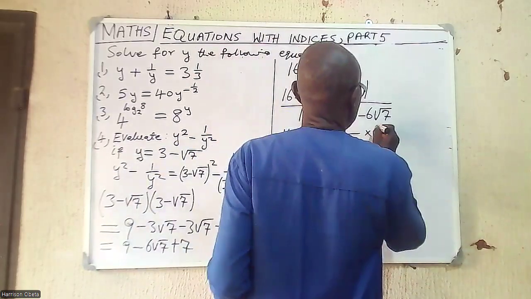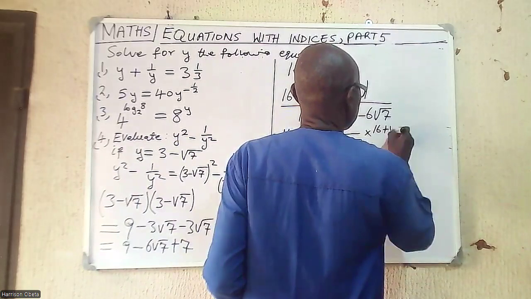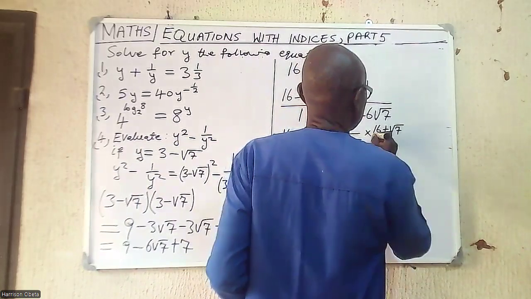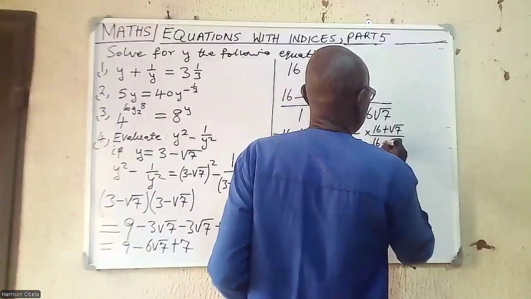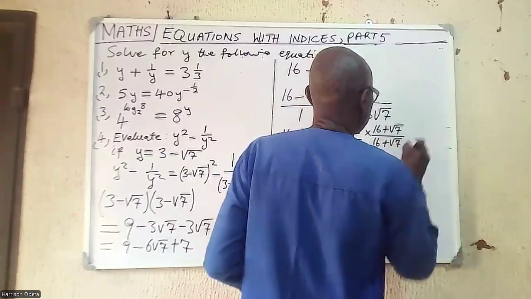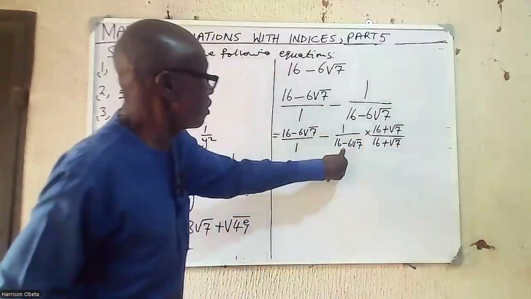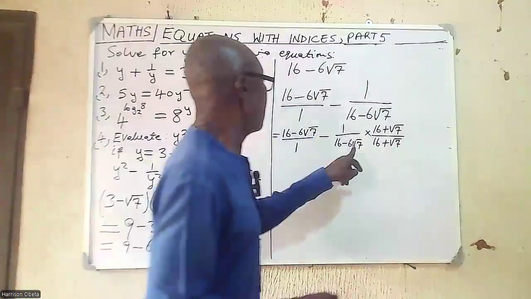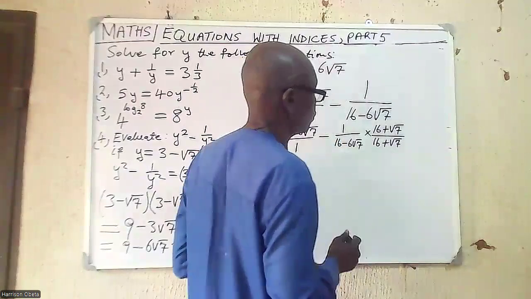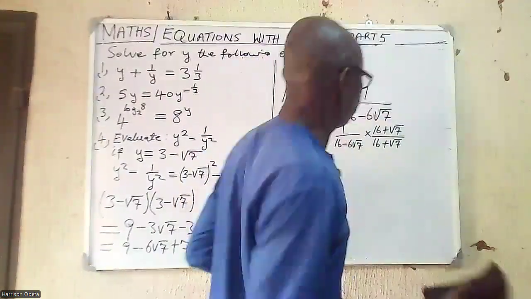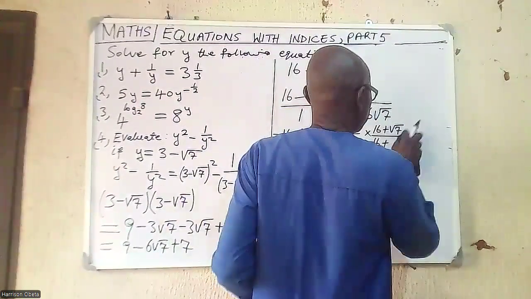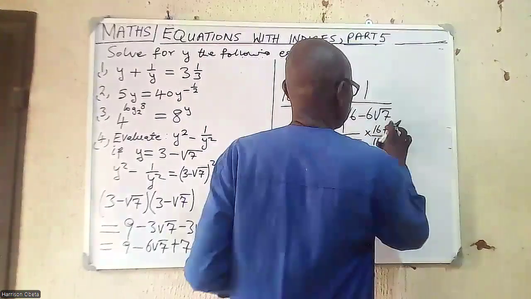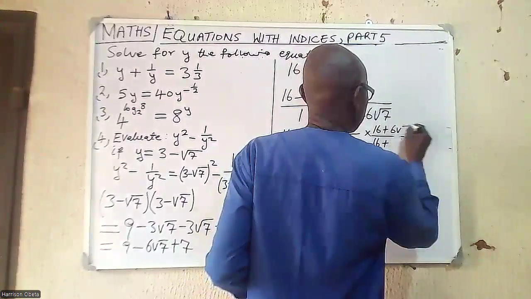The conjugate of 16 minus 6 root 7 is 16 plus 6 root 7.